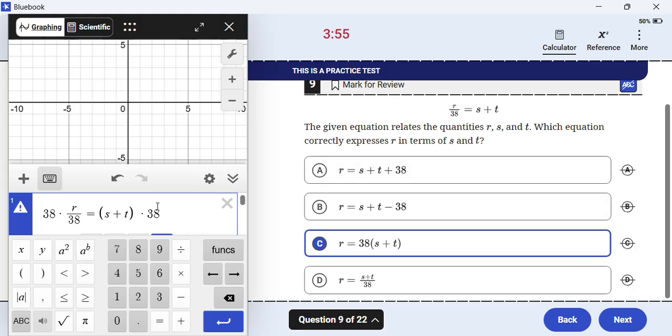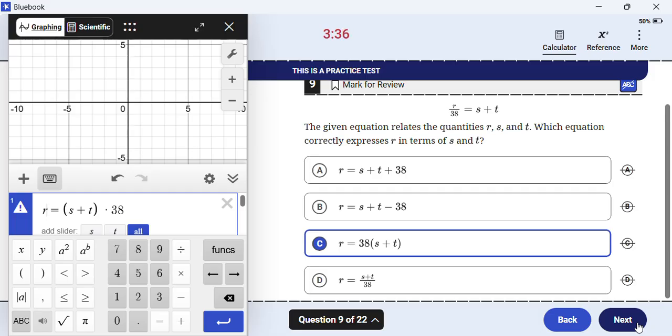Just showing you what that looks like. The 38s cancel out, and then we end up with R by itself, equals S plus T times 38, which is answer choice C. So just showing that in a different way.